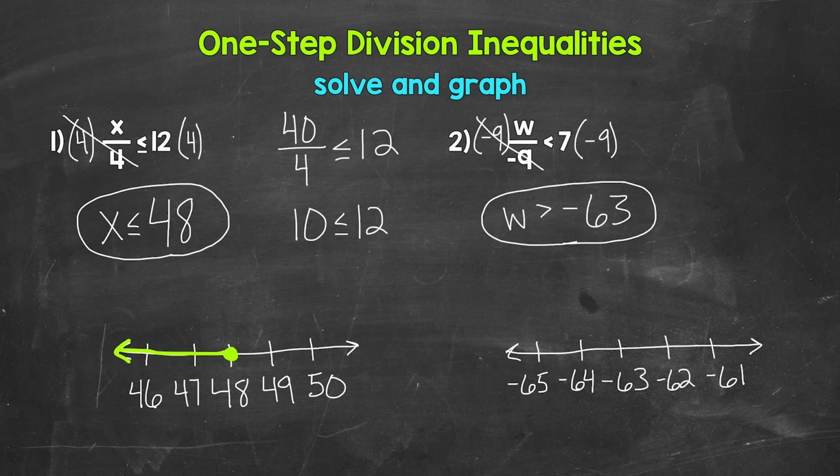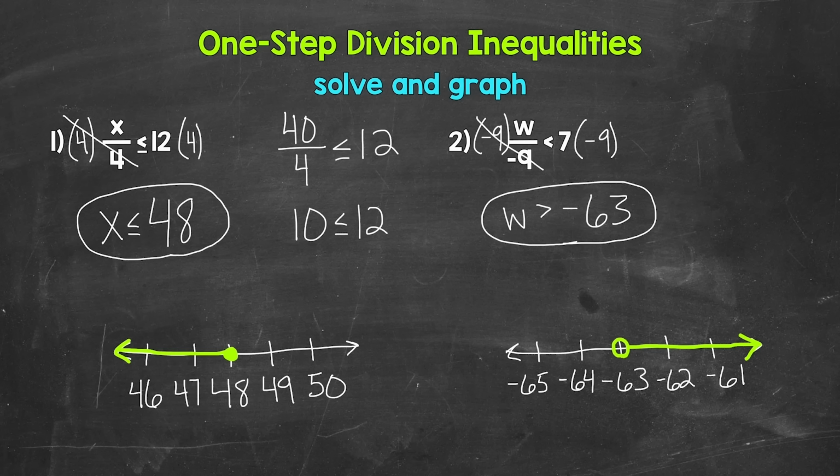It's not a solution. So we need an open circle at negative 63. Then we need to represent the greater than part. So we need an arrow going right towards everything greater than negative 63. The open circle shows that negative 63 is not included, and then the arrow going right represents all of the values greater than negative 63.